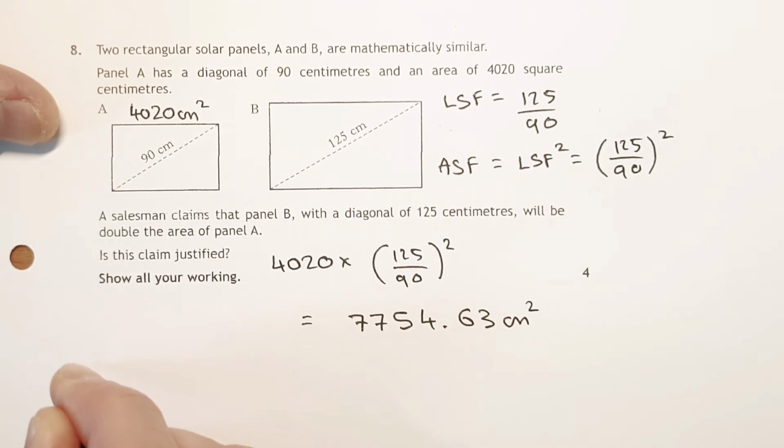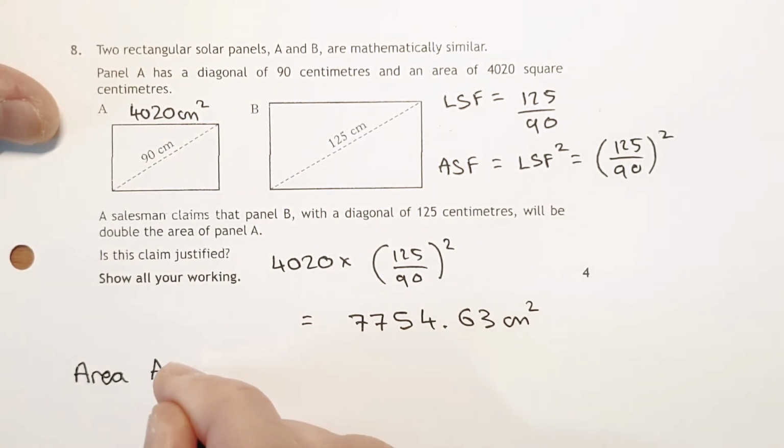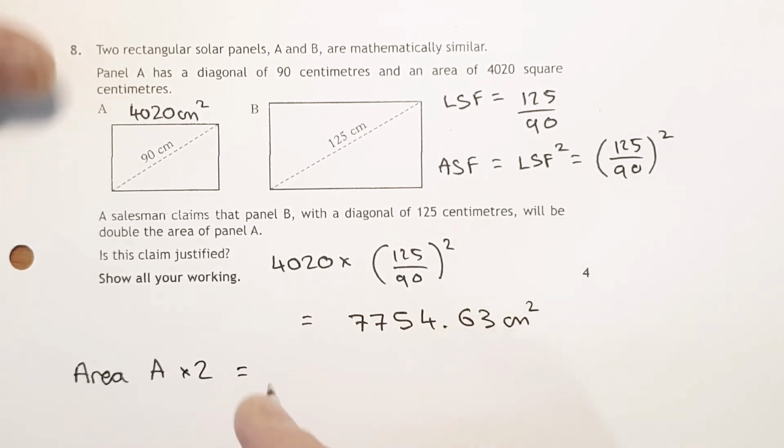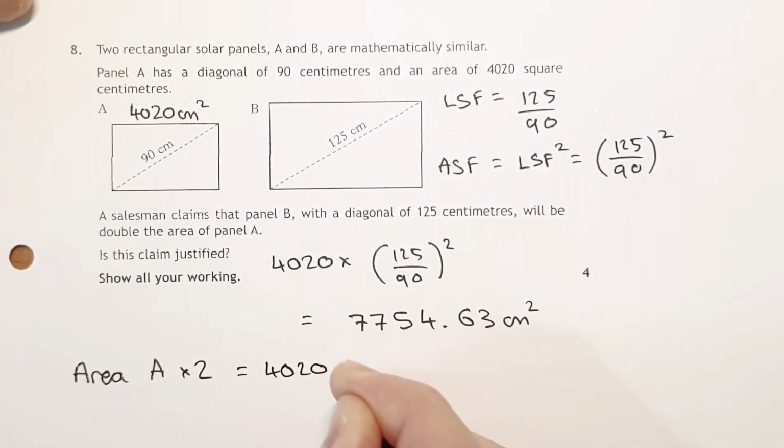So area of A times 2 equals 4020 times 2 equals 8040 square centimetres.